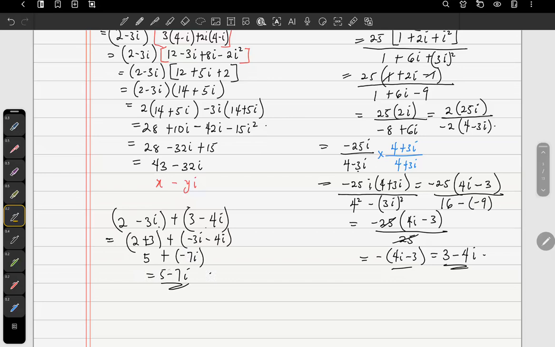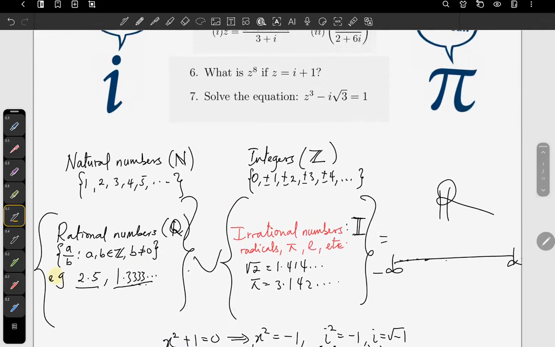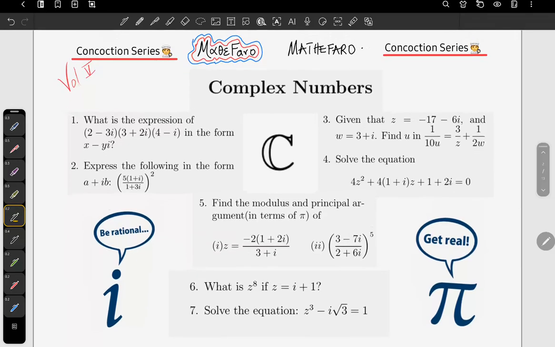And when you need to do subtraction, the story is also the same. You deal with the real parts separately, and you deal with the imaginary parts separately. And with that, we've come to the end of this first part of the story we want to tell about complex numbers.